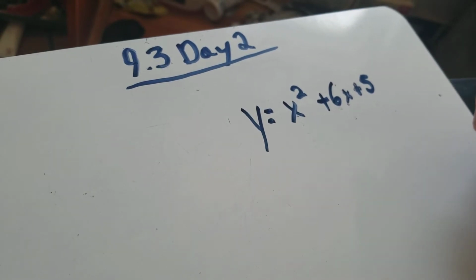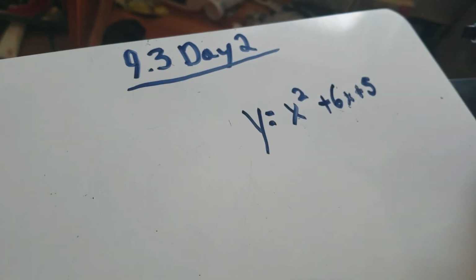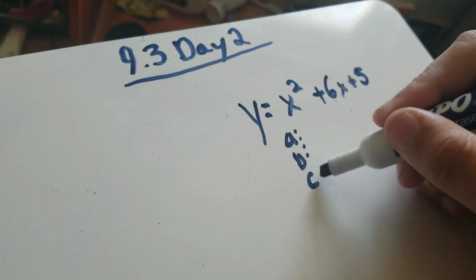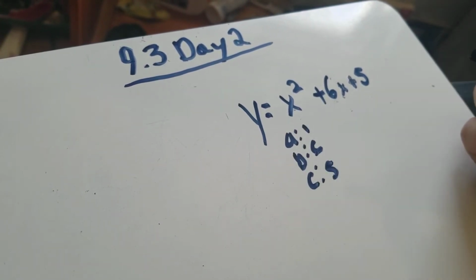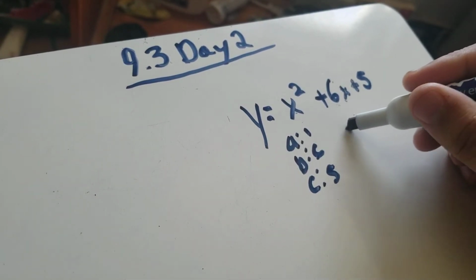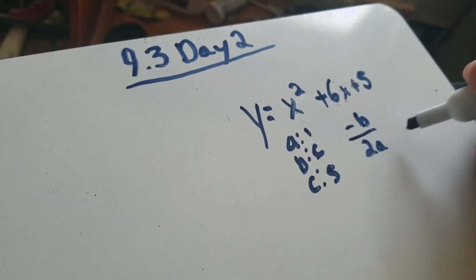What we're going to do there is graph our thing. Let's start identifying our a, b, c. That's 1, 6, 5. Part 2, we need to find the x of the vertex. To find the x of the vertex, we need negative b over 2a.